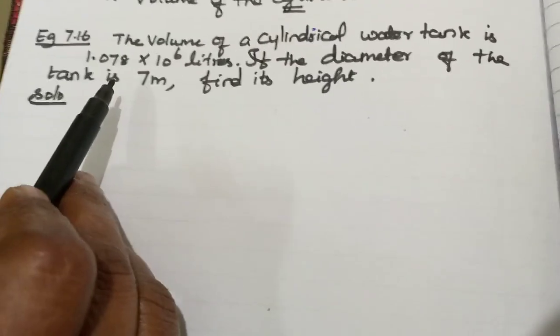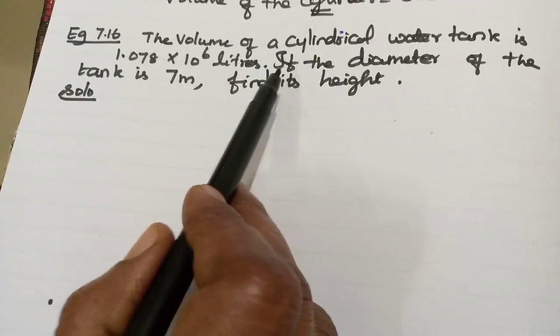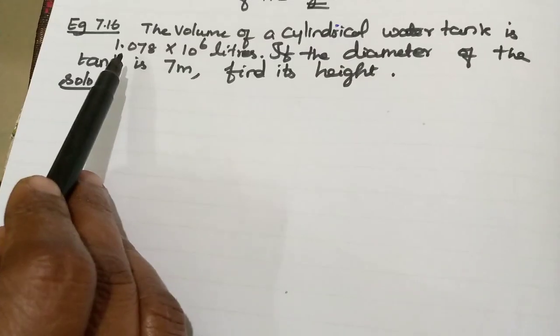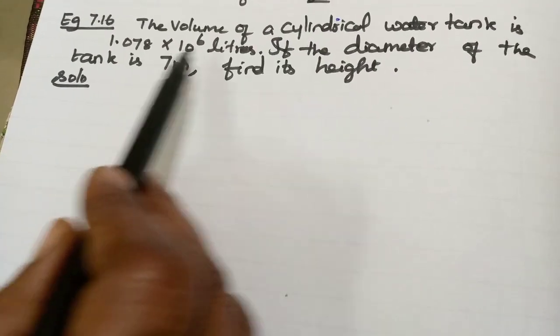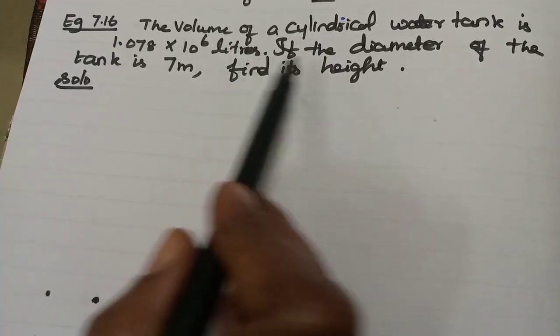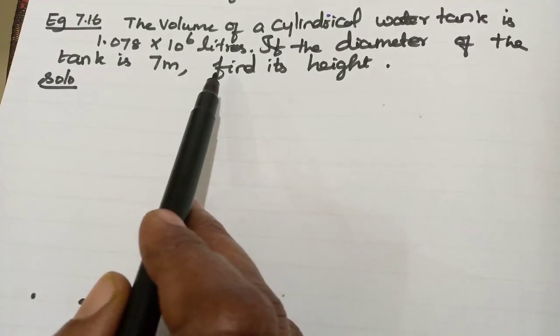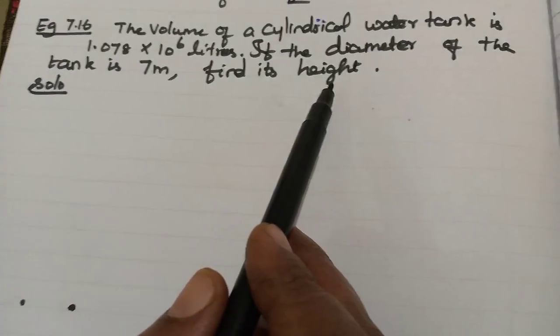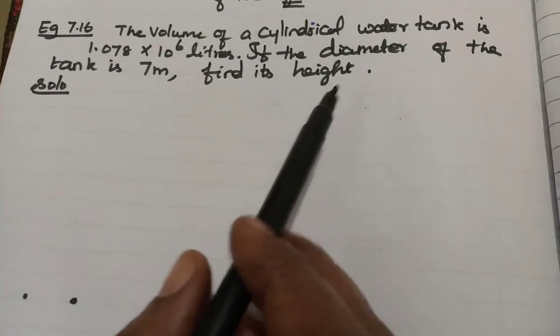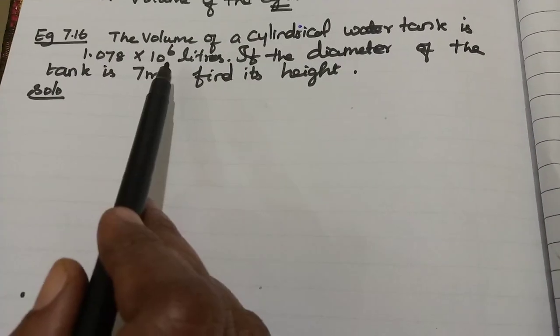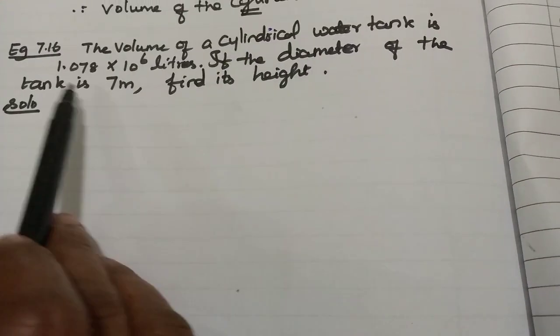Next, example 7.16. The volume of a cylindrical water tank is 1.078 into 10 power 6 liters. If the diameter of the tank is 7 meter, find its height. Height we have to find out. Volume of the cylindrical tank is given, as well as the diameter of the cylinder.